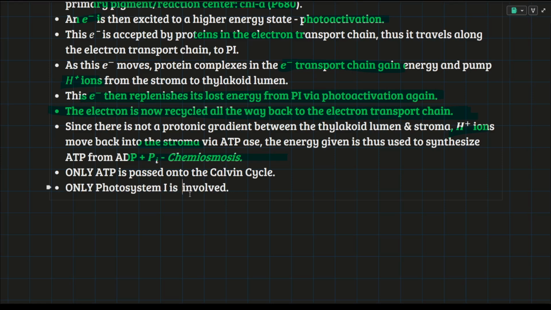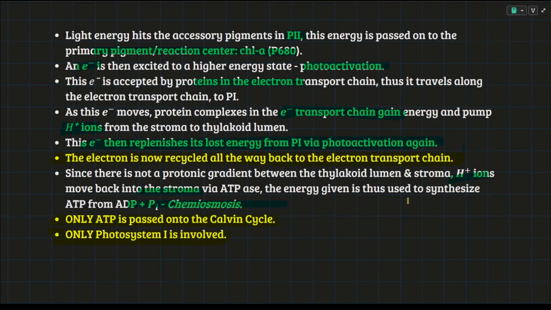Only photosystem 1 is involved. I'm going to highlight the special things when it comes to cyclic photophosphorylation in this color: the recycling part, the involvement of photosystem 1 only, and only ATP being passed on to the Calvin cycle.